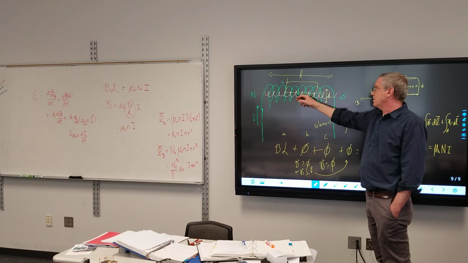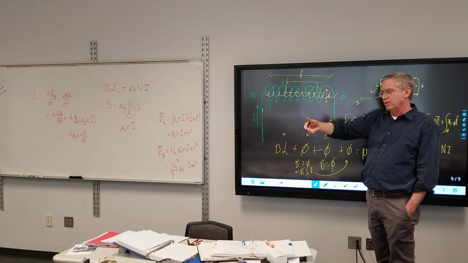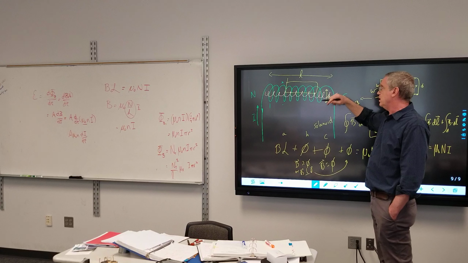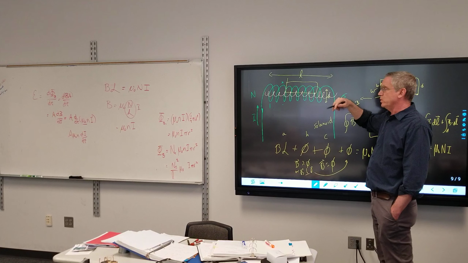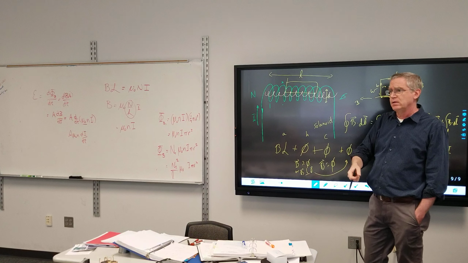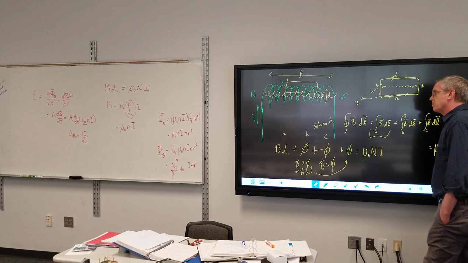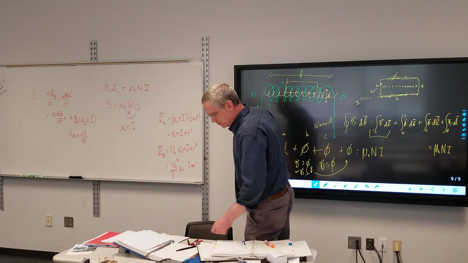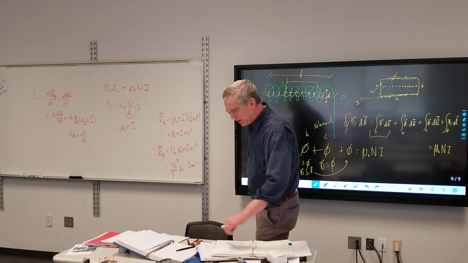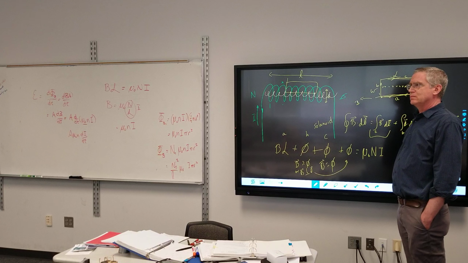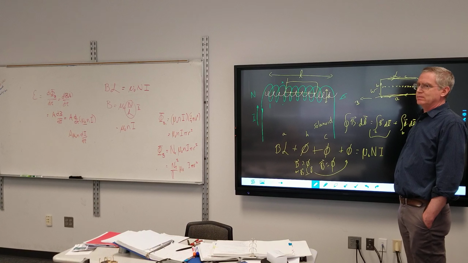And because the second set of wires is experiencing a change in the magnetic flux within it, we're going to induce a current in that. That's what you were measuring at the very end. So that's the background behind the lab. Questions here?